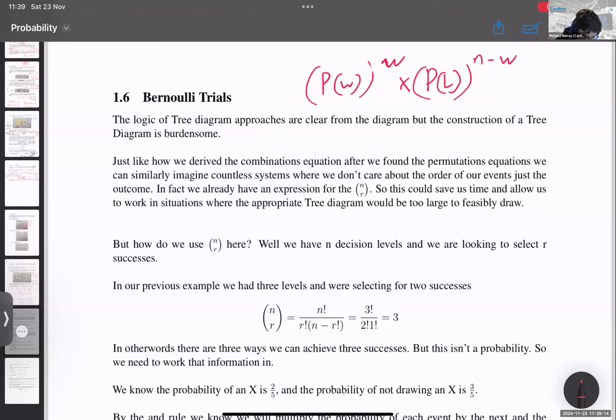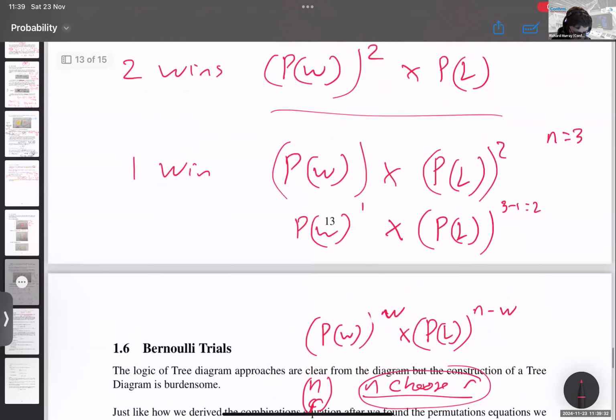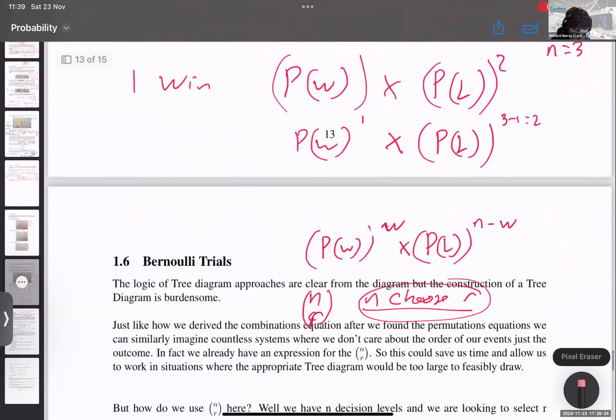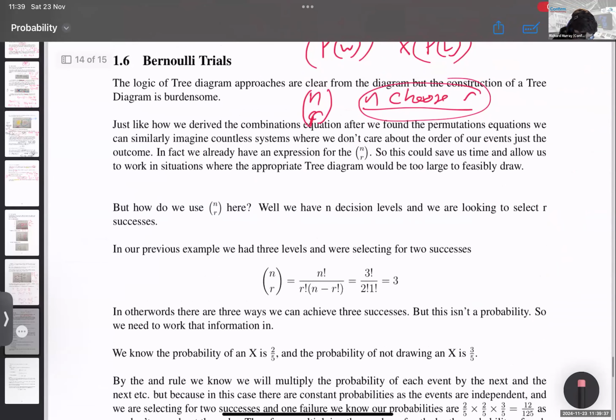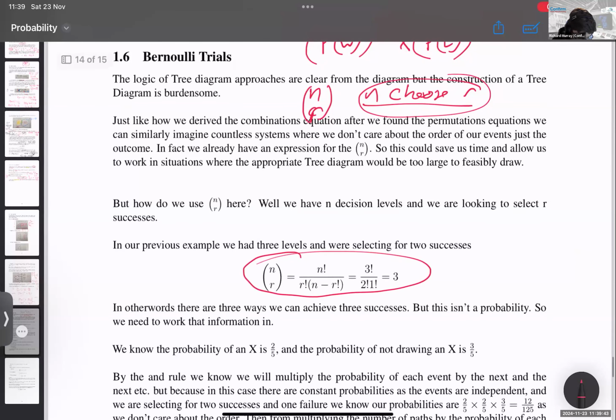So we have already seen our combination value, our nCr value, so our n choose r. We need to integrate this with our probability values to figure out how many times we need to add this to itself. So we have our n choose r. We have 3 levels. We're looking for 2 successes.